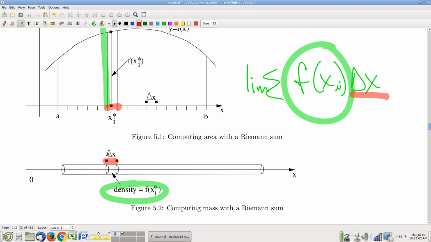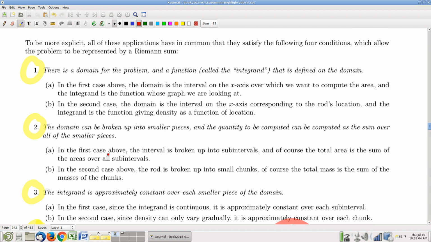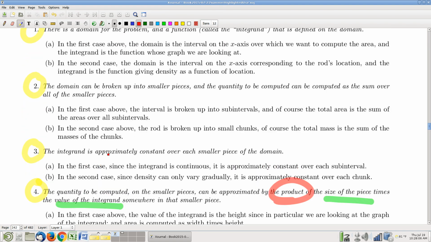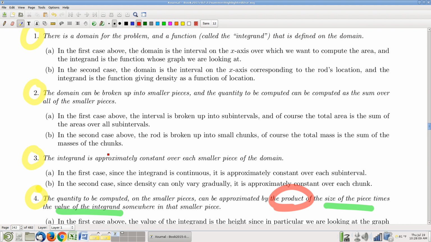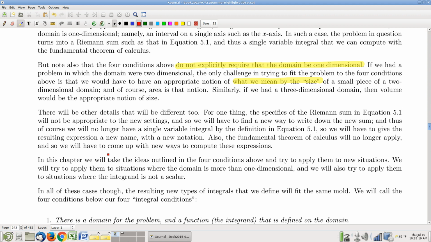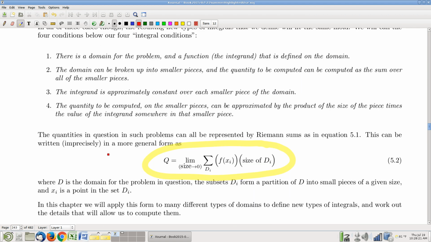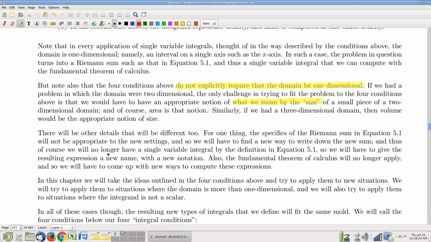So these are the 4 properties that I nominate as properties all integrals have. And any construction that addresses questions that satisfy these 4 properties, I'm going to call an integral. So we're going to apply that now to a 2-dimensional situation.